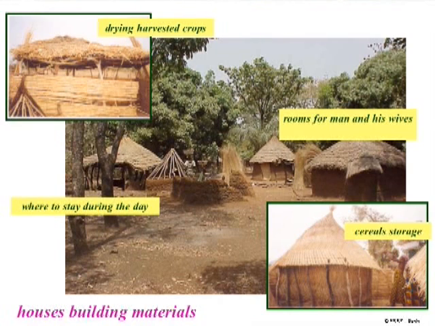And also you have places to store the cereal. They have to build it, mostly using grass. Depending on the culture and the place where you are, the structure of the house is different.